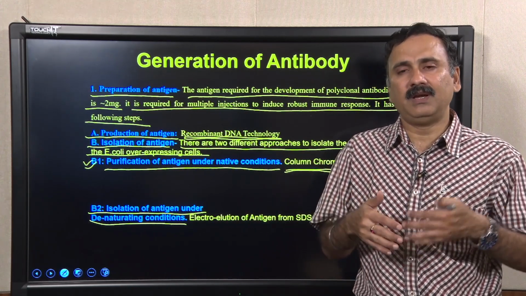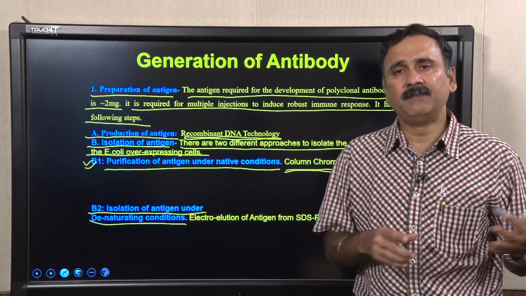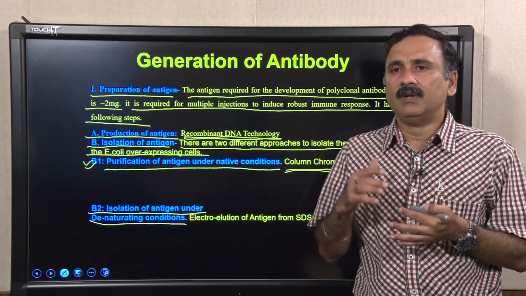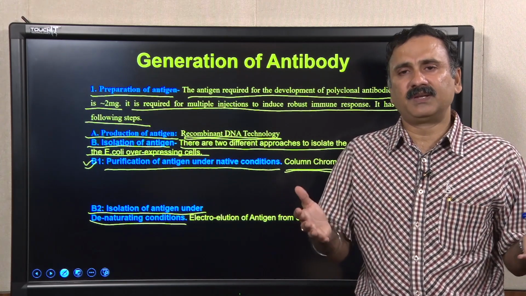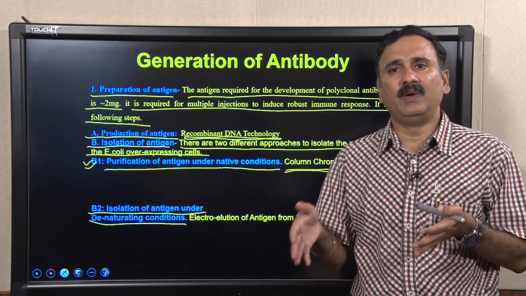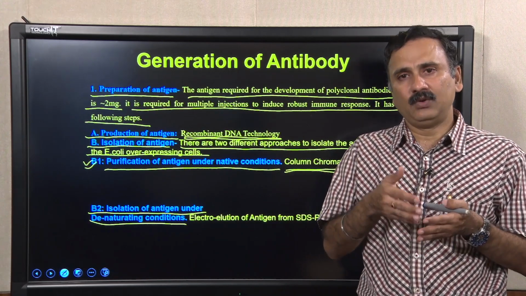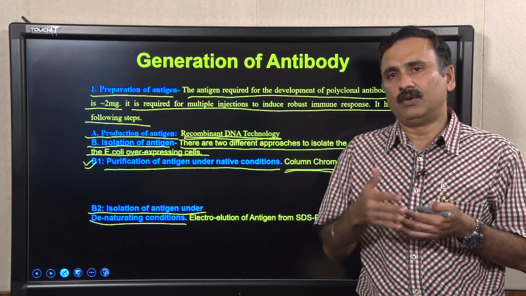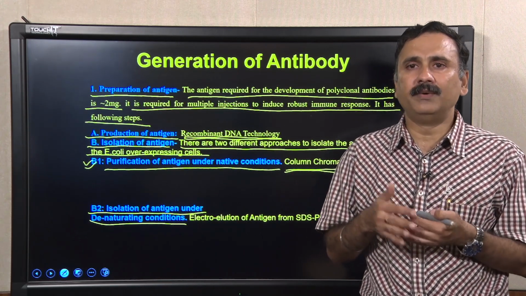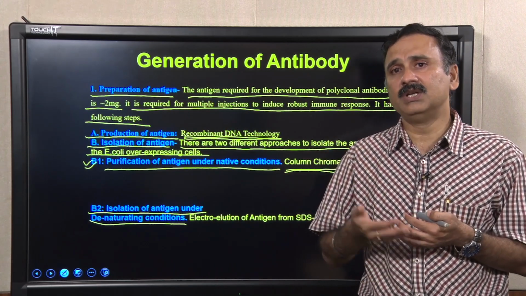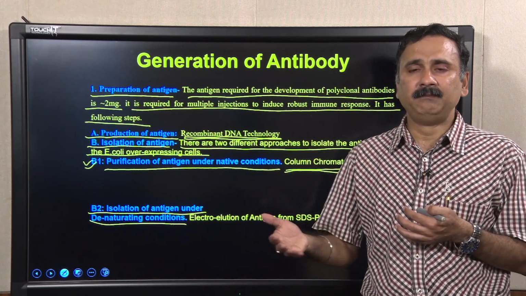For example, I think we discussed in the previous lecture that even if you use conventional chromatography, you might lose more than 50% of the protein. So, if your protein production in the E. coli cells is very low and you are using conventional chromatography techniques, the overall yield is going to be so low that you will not get enough quantity of the antigen to immunize the animals.